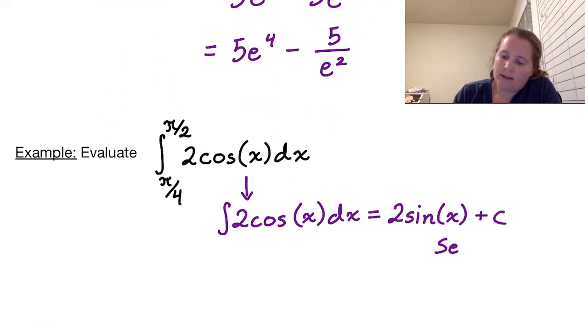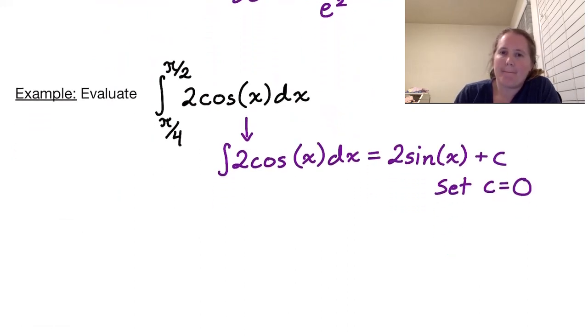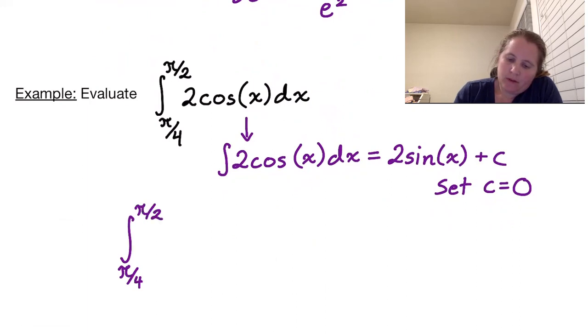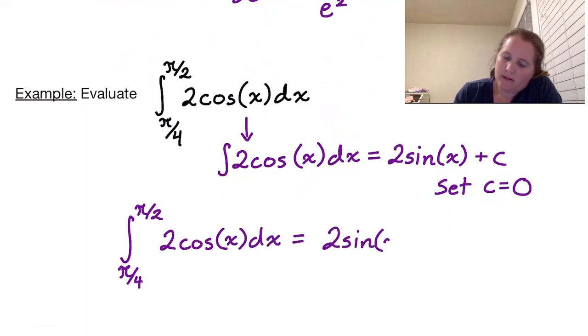Again, we'll set c equal to 0. So we have 2 sine of x, and we're going to evaluate that at pi over 4 and pi over 2.